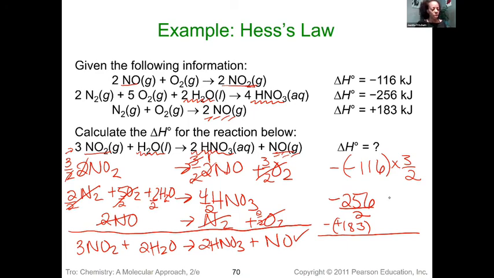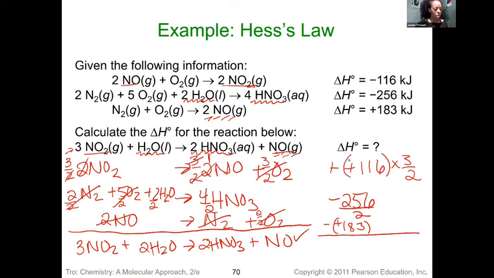So remember, with the calculations, you want to adjust for all the numbers that you've placed in there and the changes you've made for those coefficients. So we have -116, but that became positive. So that becomes 116 times 3 divided by 2, 174. Then we're going to be adding in the -256 divided by 2.